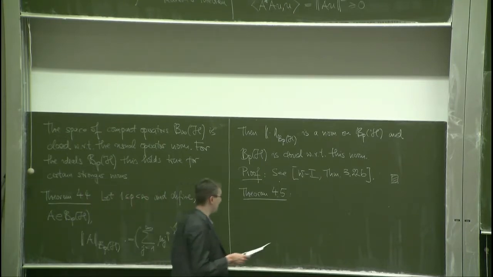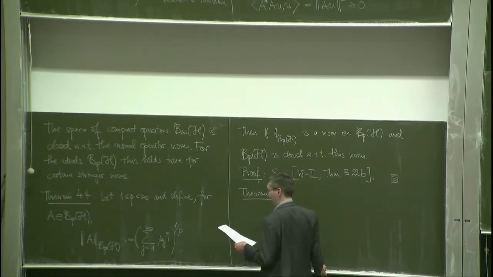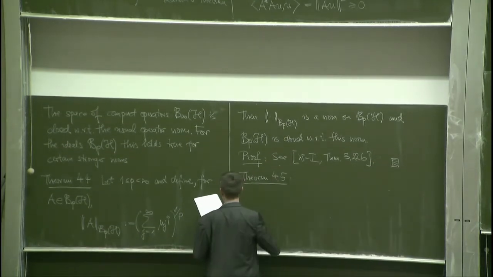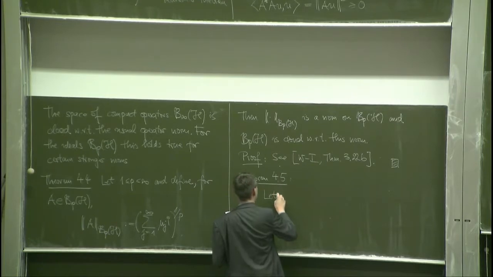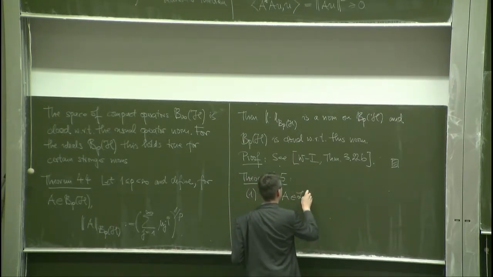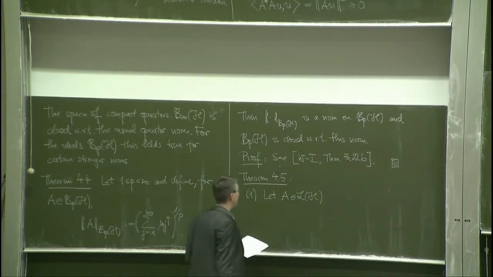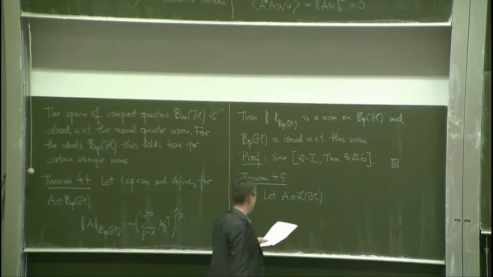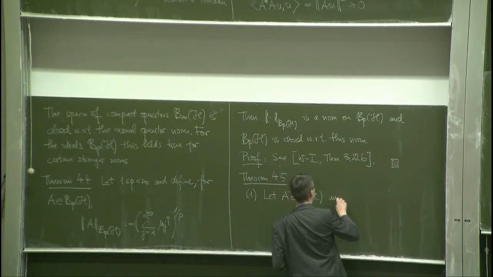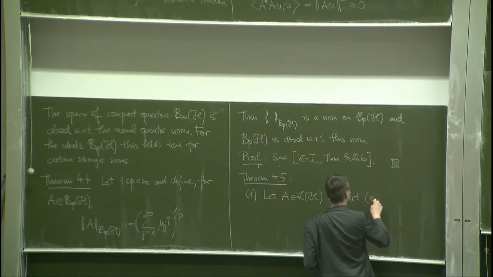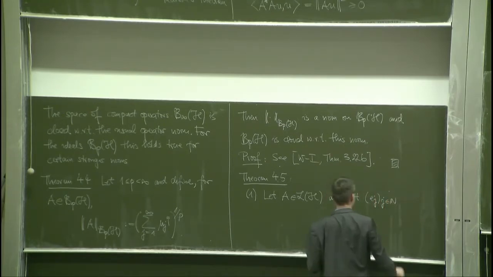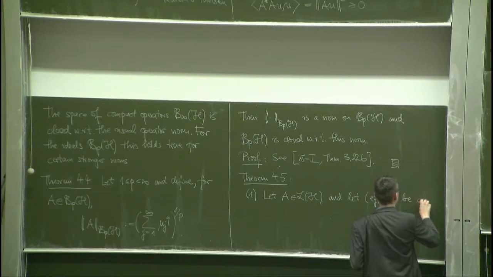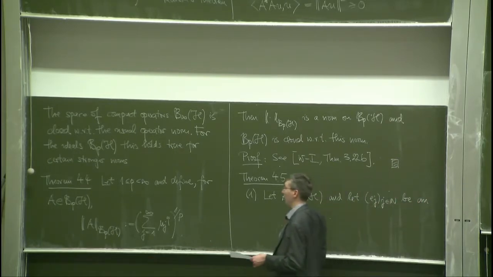In particular, it has three parts. First of all, let A be a bounded linear operator on the Hilbert space H, and let e_j, for j in N, be an orthonormal basis for H.